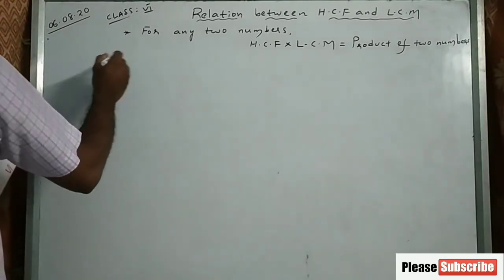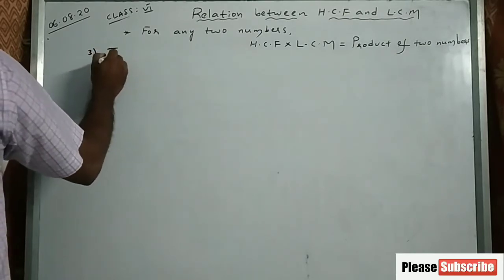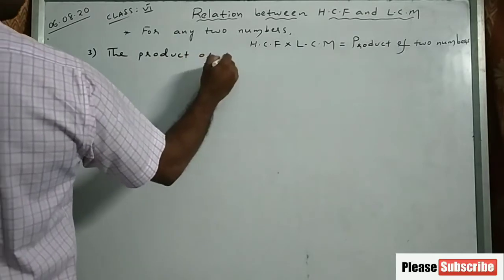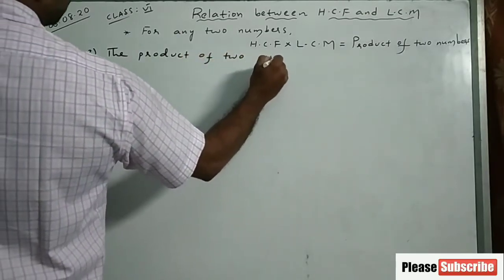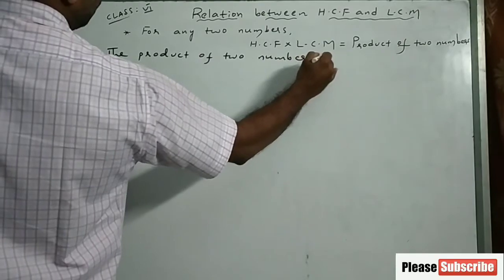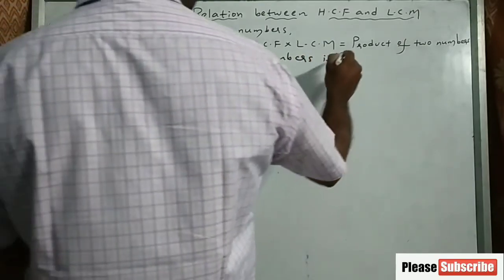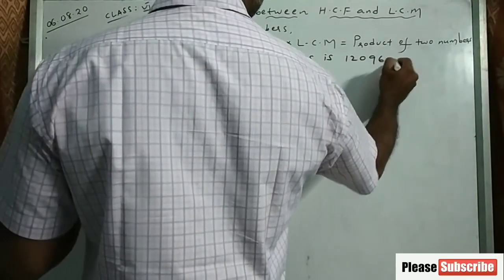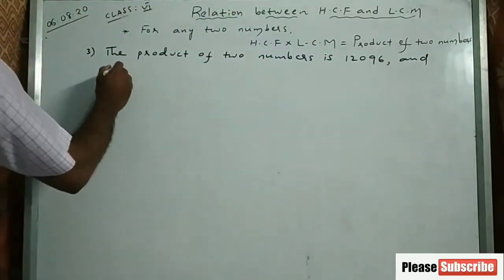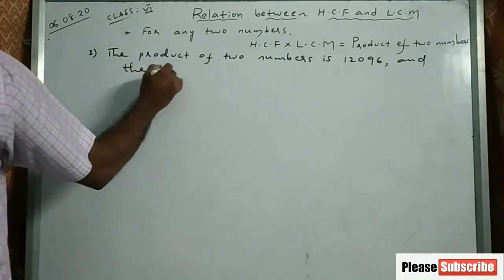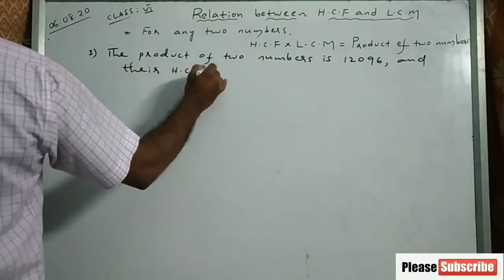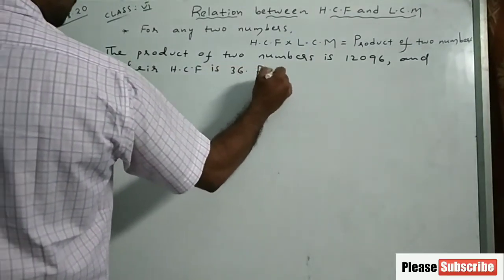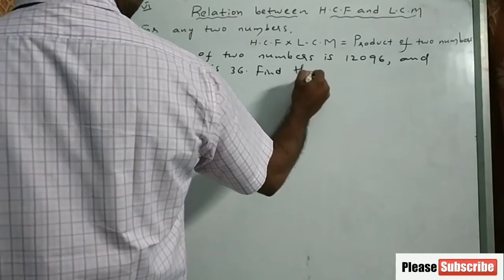Third problem. The product of two numbers is 12096 and their HCF is 36. Find their LCM.